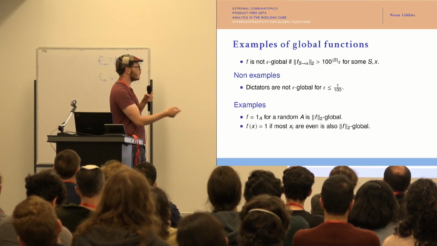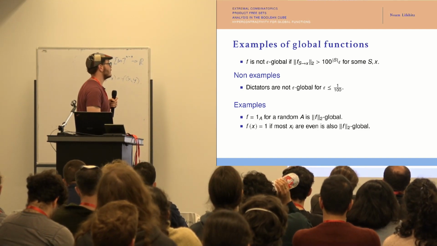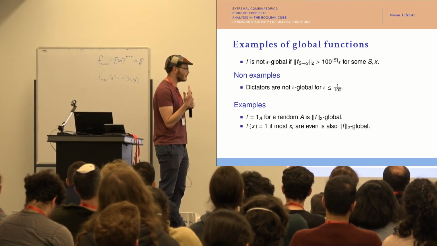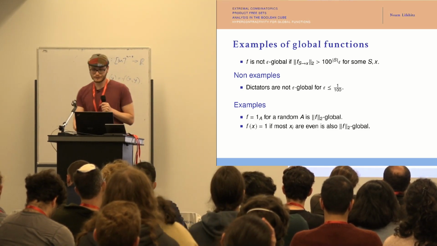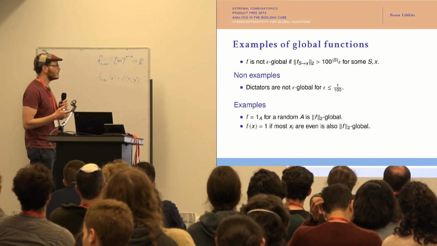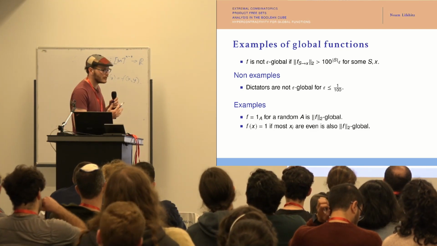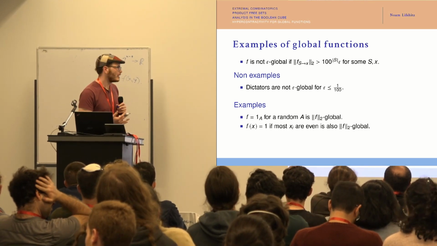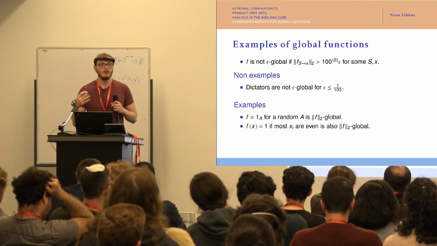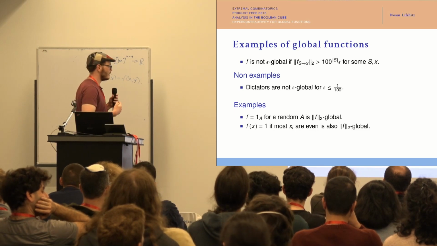Okay, so f is not global if it has a density bump in some intersection of dictators. And the dictators are the ultimate example of functions that are not global. But if you want an example of sets that are global, you can take a random set and it will be global. So you can think of it as a pseudo-randomness notion. But you can also think about it as a cube-like notion. It means that if your function behaves like a function on the cube, then it's global.